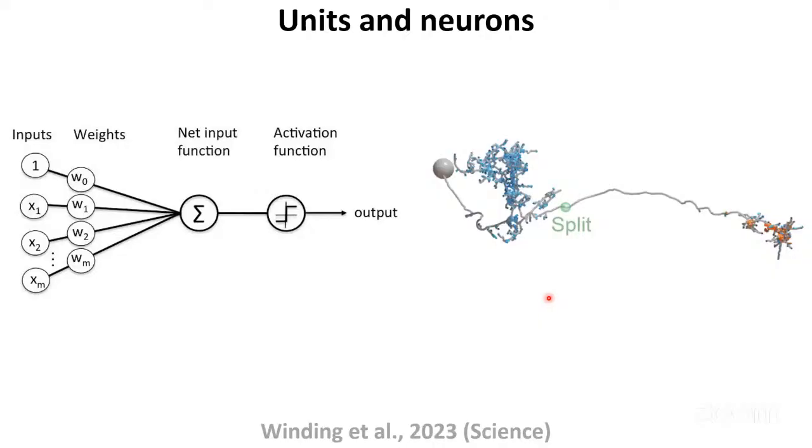If you have learned about machine learning and ANNs, in artificial neural networks these transformations are realized by units which sum their weighted inputs and pass them through.